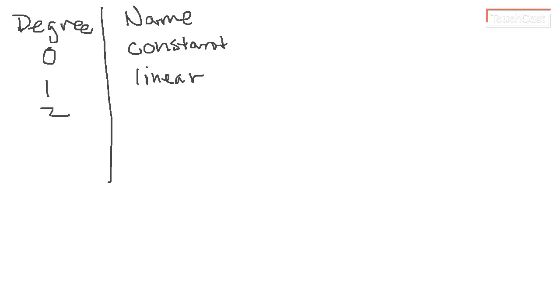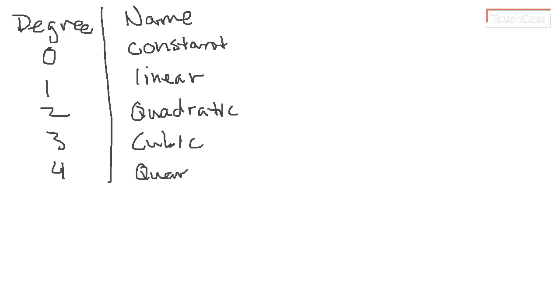Degree is 2, we call that a quadratic. Degree of 3, we call that cubic. Fourth degree we call quartic. Fifth degree we call quintic.